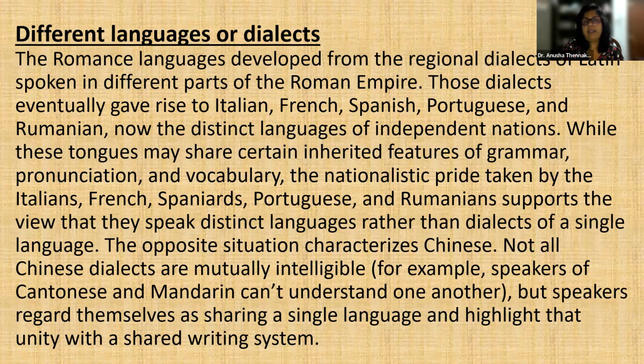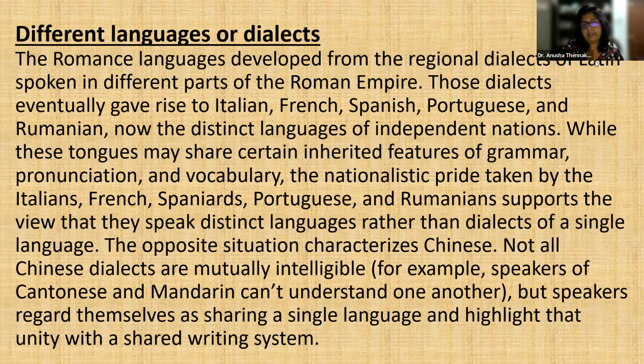The Romance languages developed from the regional dialects of Latin spoken in different parts of the Roman Empire. So there are different Romance languages developed from the regional dialects of Latin. So there are many languages developed from the Latin language. Those dialects eventually gave rise to Italian, French, Spanish, Portuguese, and Romanian.